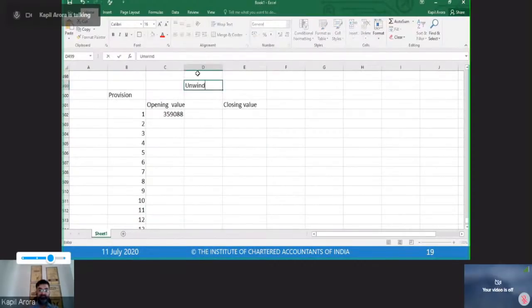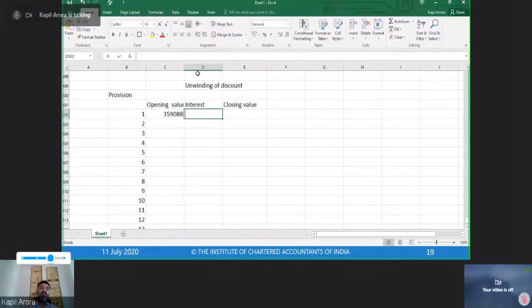unwinding of discount. Unwinding of discount. And how unwinding of discount happens? Now, whatever discount rate you have chosen, right? Whatever discount rate you have chosen, what was the discount rate? 10%.